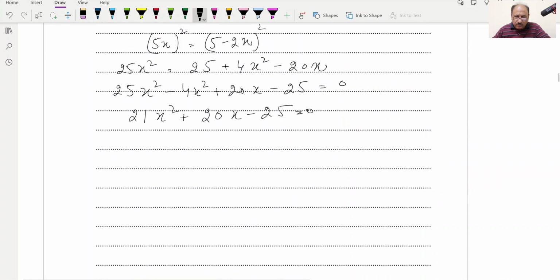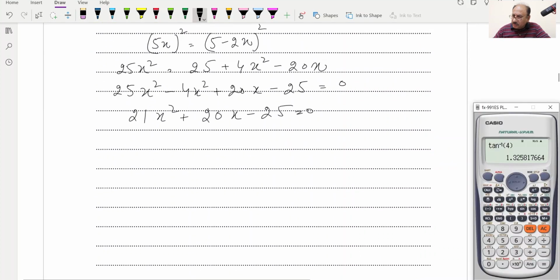Now this is the quadratic equation in terms of x, and we can solve it. You can use the quadratic formula or anything else. So this will be 21, the coefficient of x is 20 and the constant is minus 25, and we will get 5/7 and minus 5/3.